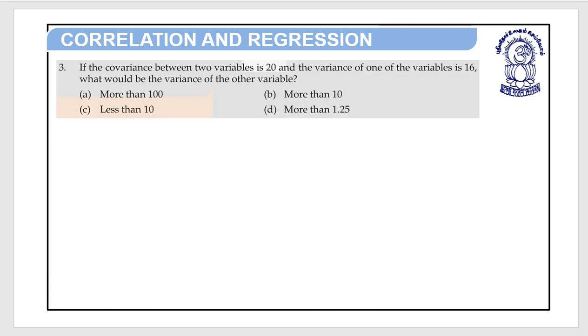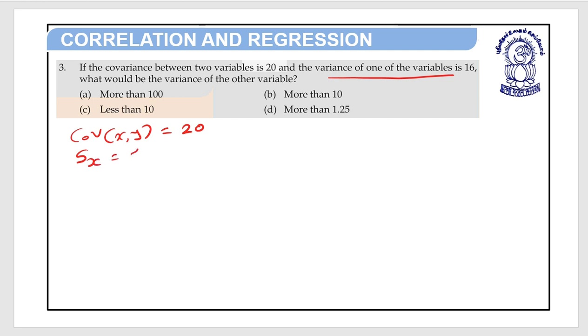Now question number 3. If the covariance between two variables is 20, covariance is given, so covariance xy is equal to 20. The variance of one of the variables is 16.